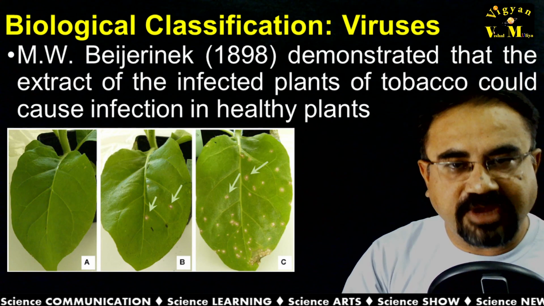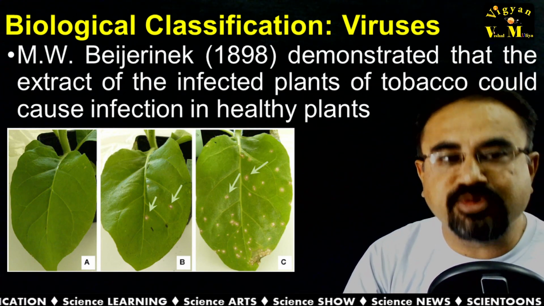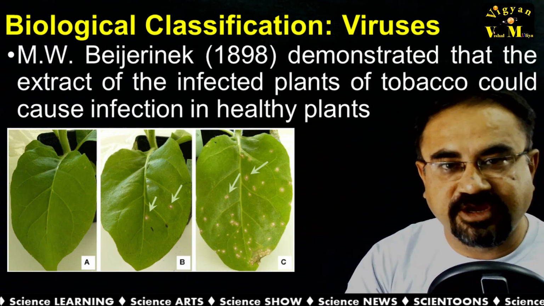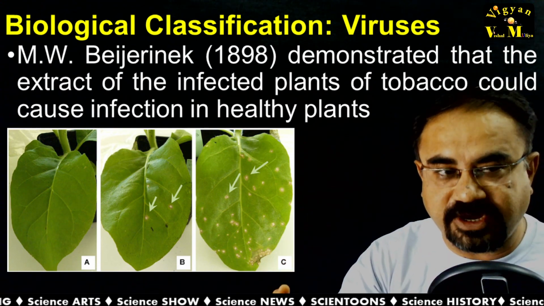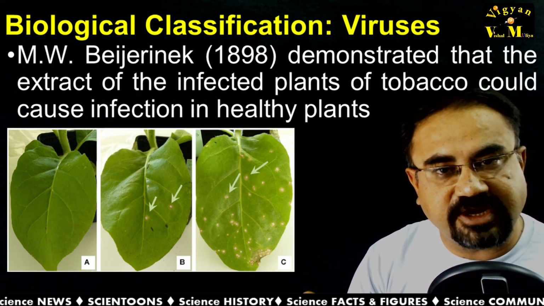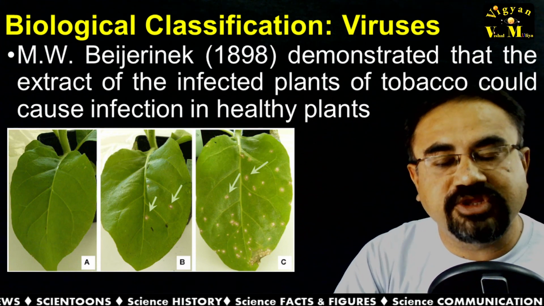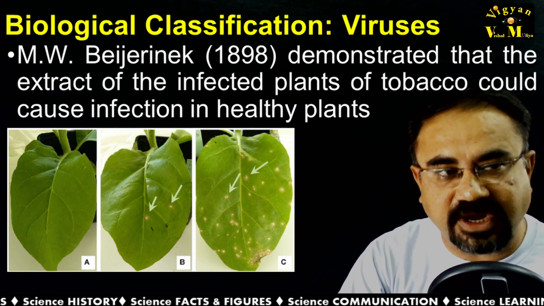Later on, M.W. Beijerinck in 1898 demonstrated that the extract from the infected plant has the capacity to infect a healthy tobacco plant and create the same character which is there in the infected plant.